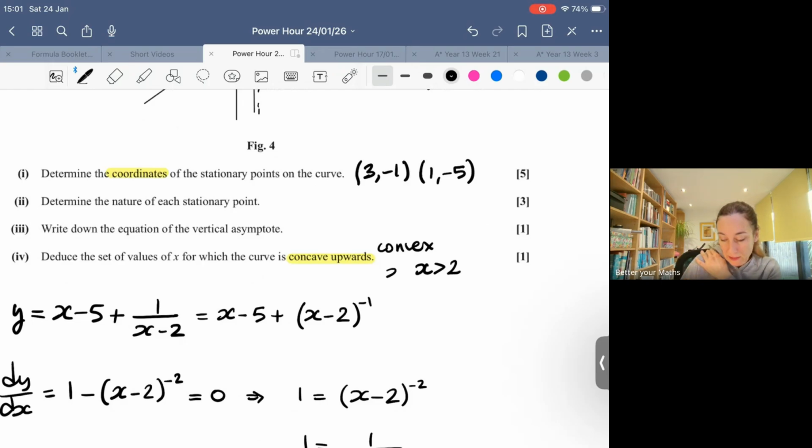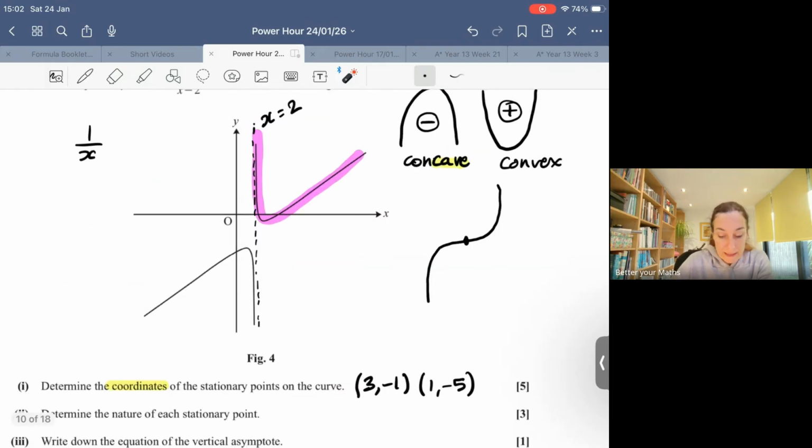If you want set notation, remember x, colon, and the curly brackets. You don't have to write set notation if they don't say. In all these points, the second derivative is going to be positive. What happens with the first derivative? All this way it is going to be negative, because I have negative gradient in the tangent.